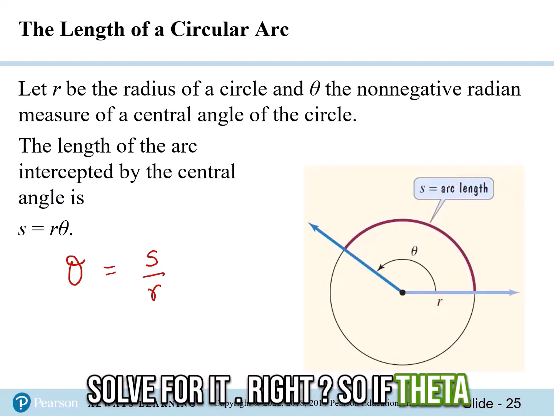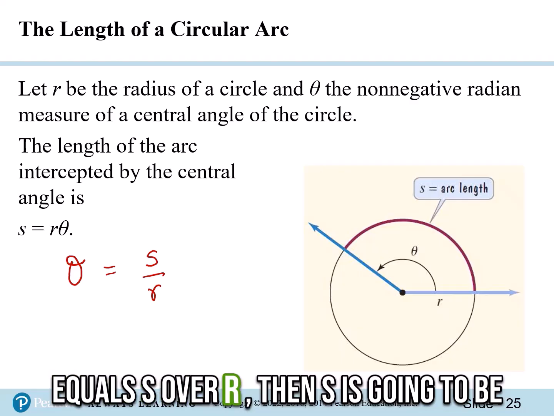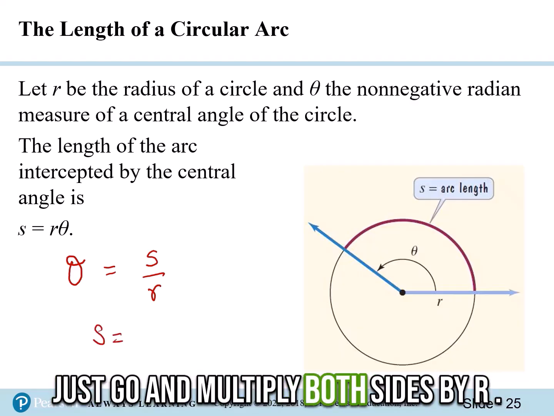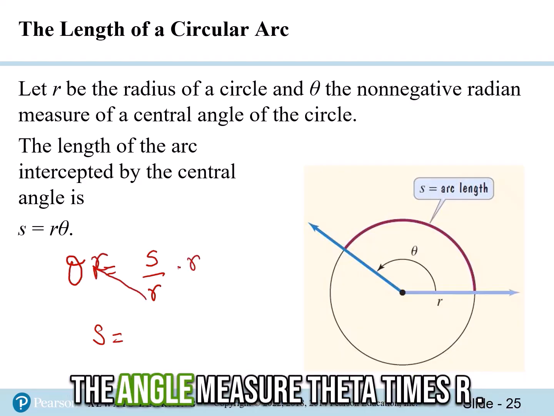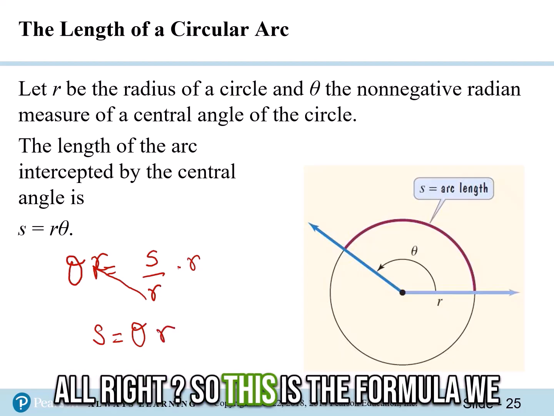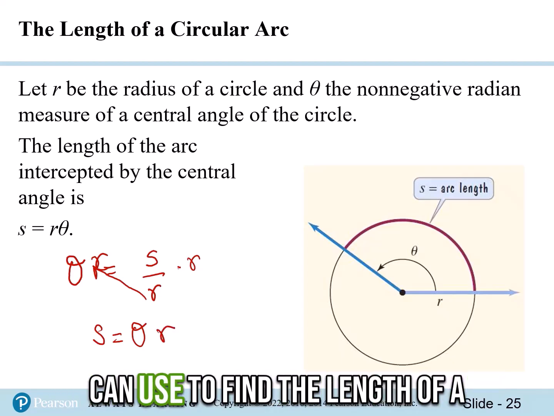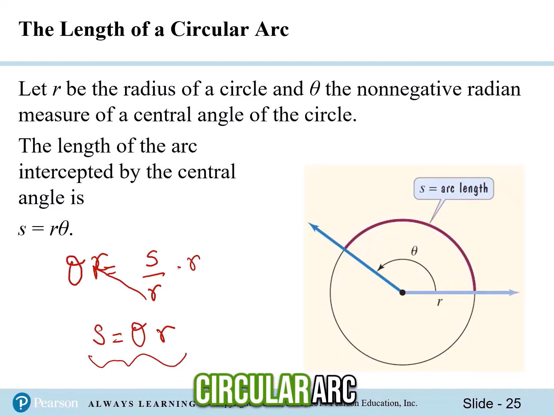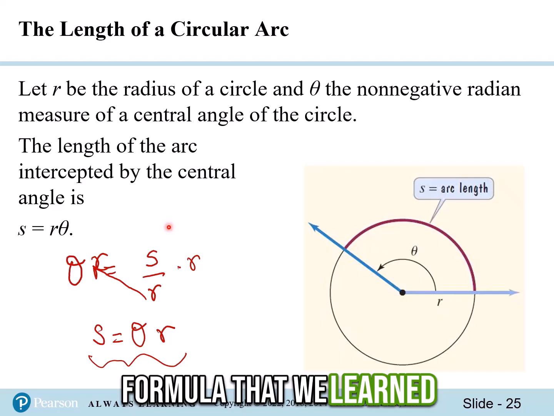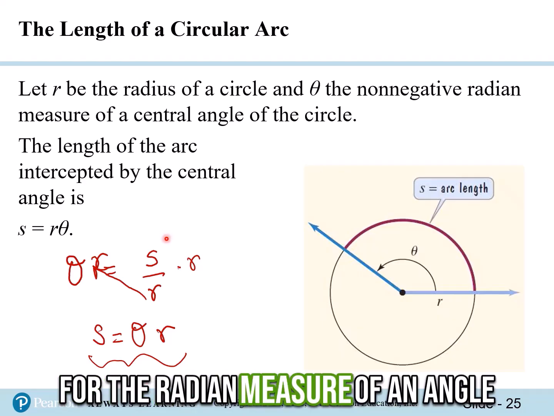So if theta equals S over r, then S is going to be, just multiply both sides by r, and we will end up with the angle measure theta times r. All right, so this is the formula we can use to find the length of a circular arc using the formula that we learned for the radian measure of an angle.